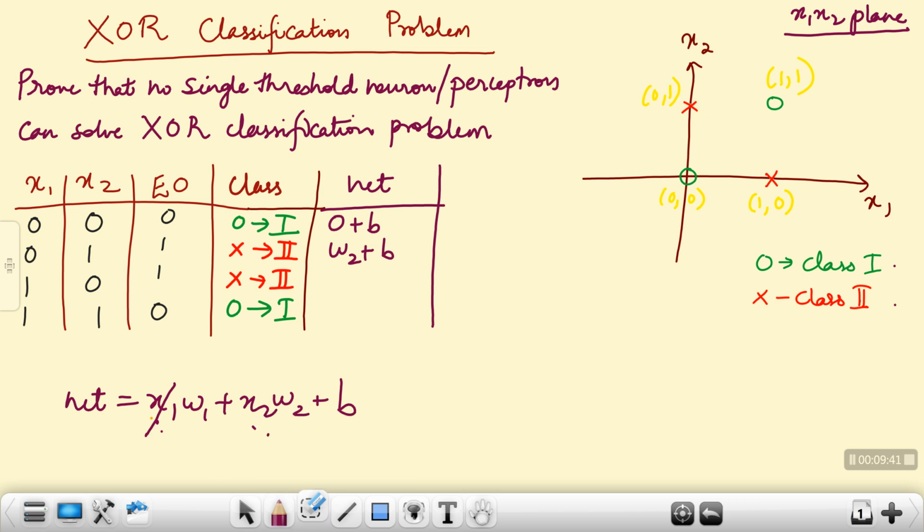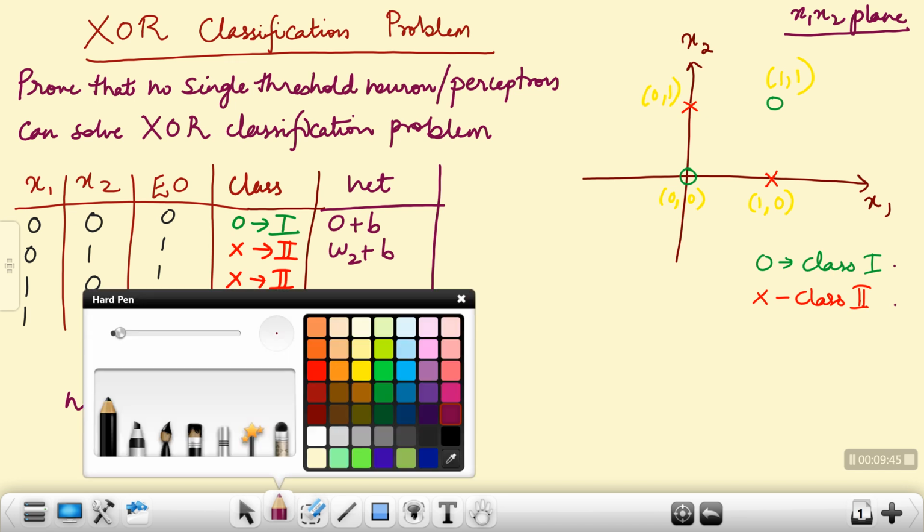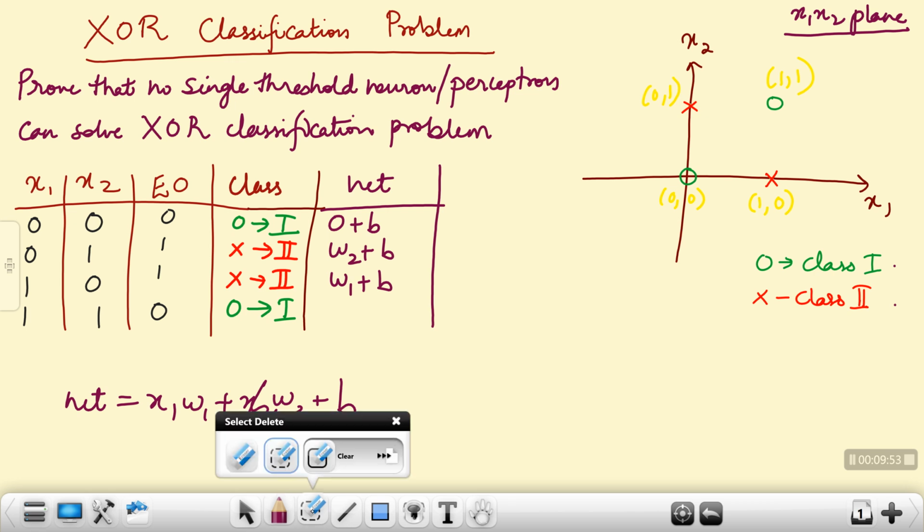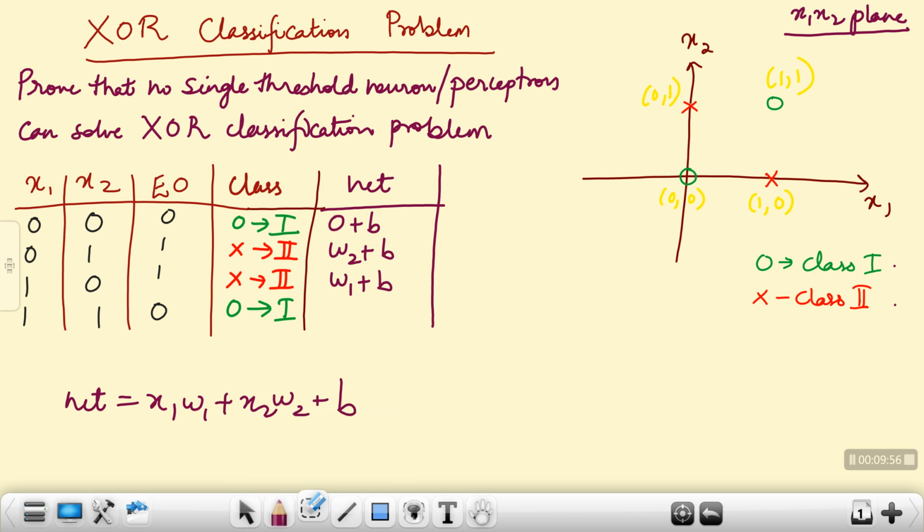In the third case x2 is 0, so that term goes and I get w1 plus bias. In the last case both x1 and x2 are present, so I get w1 plus w2 plus bias. This is the net calculation.